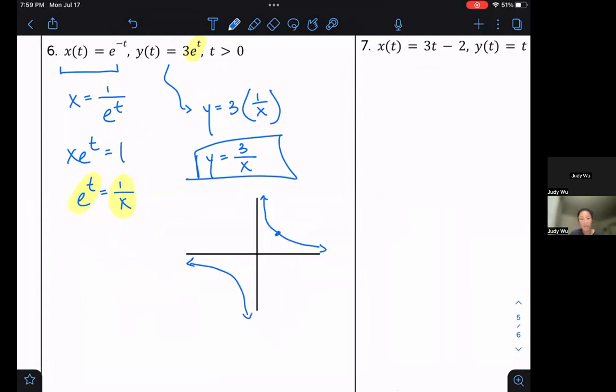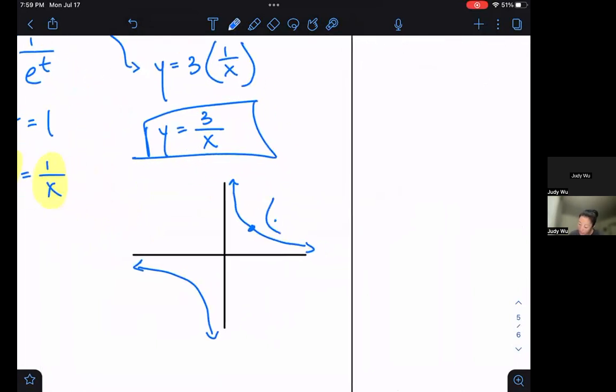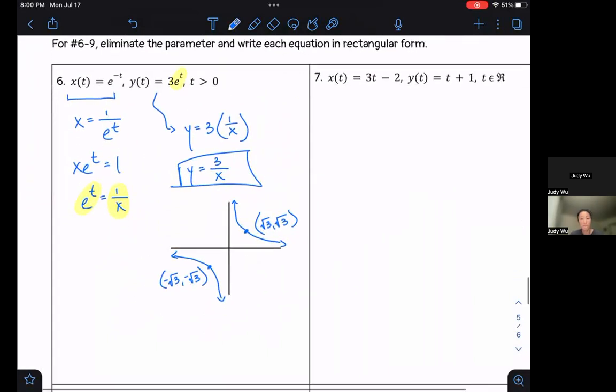The point closest to where the asymptotes meet is going to be root 3 comma root 3, and this one is going to be negative root 3 comma negative root 3. So we've gotten rid of the t's, but we've also turned it into a form that we know how to graph. All right, great.